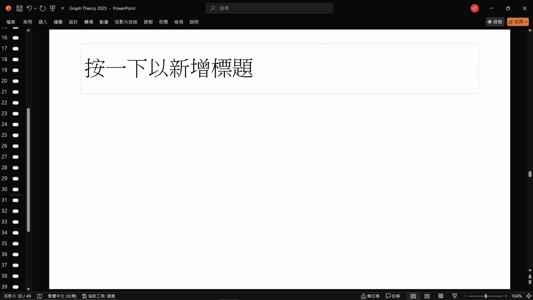First, let's consider the case where the degree of u is strictly greater than the degree of x. In this case, we can always find a vertex y that is adjacent to u but not adjacent to x.